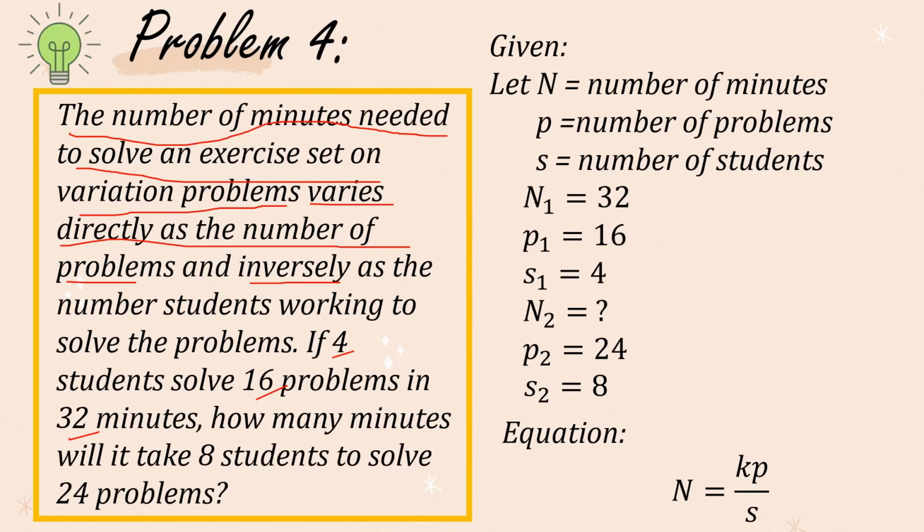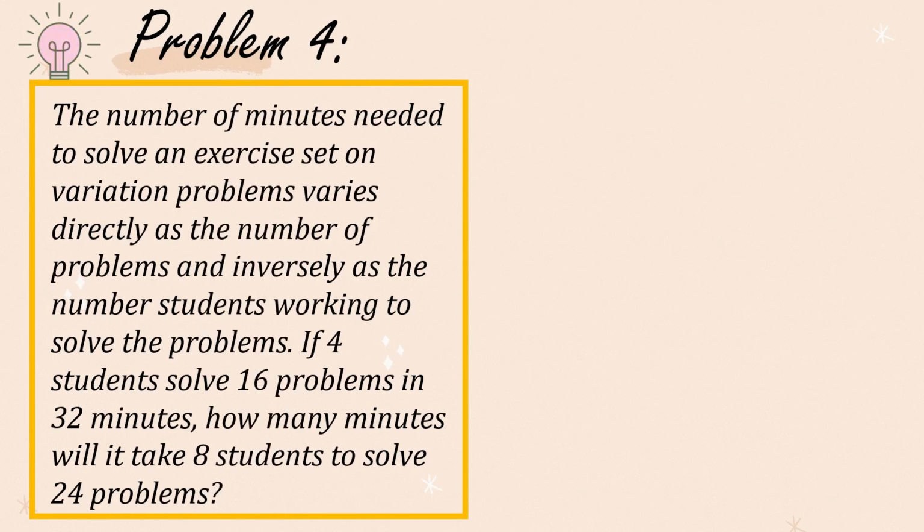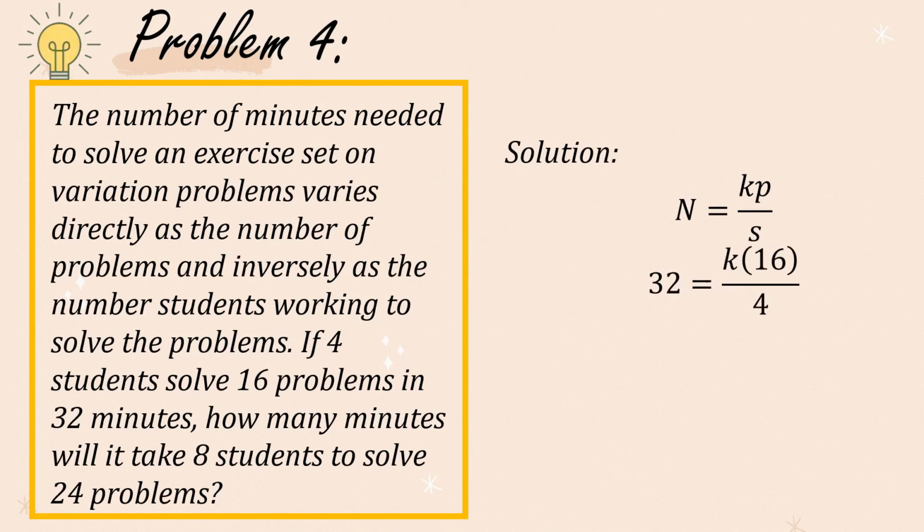Pwede na tayong mag-proceed ngayon sa paghahanap ng constant. Let us now proceed in finding the constant using N equals KP over S and the first triad of values. N will be 32, K will be K, P will be 16, S will be 4.